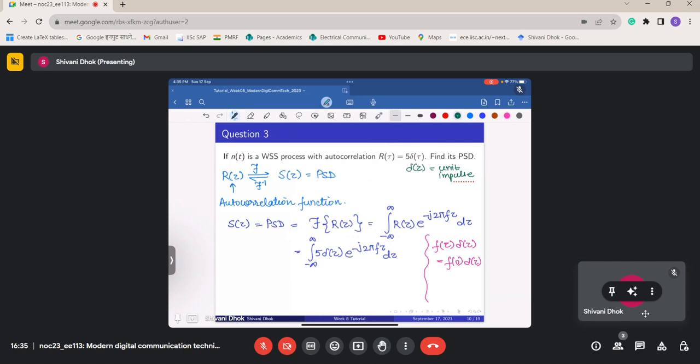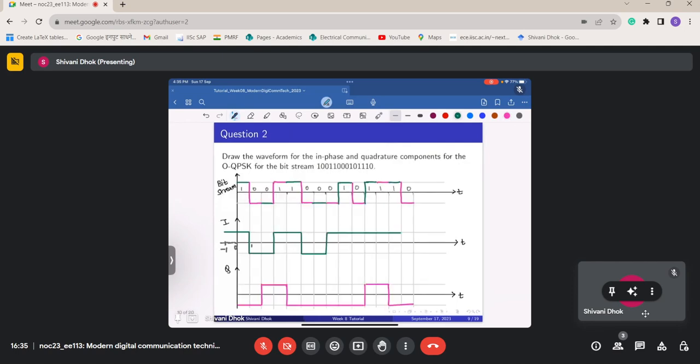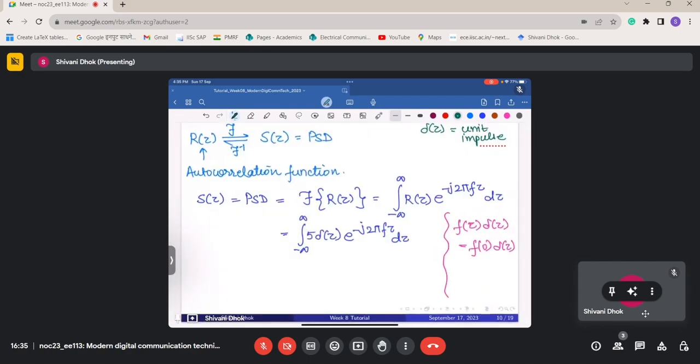And if that is the case, then this thing is equal to integral from minus infinity to infinity of 5 delta tau e power minus j 2 pi f0 d tau. So this thing is equal to 1, which is a constant, and I can take it outside.